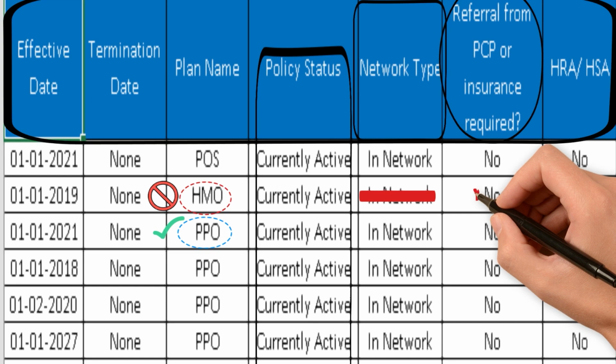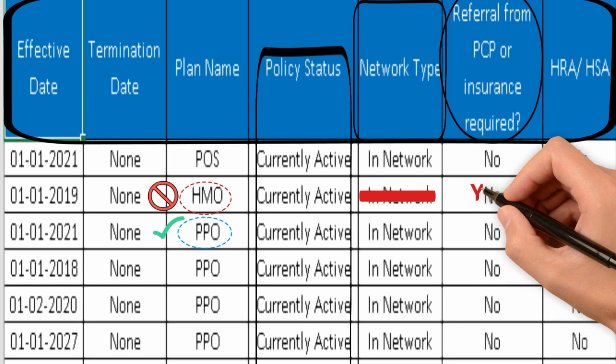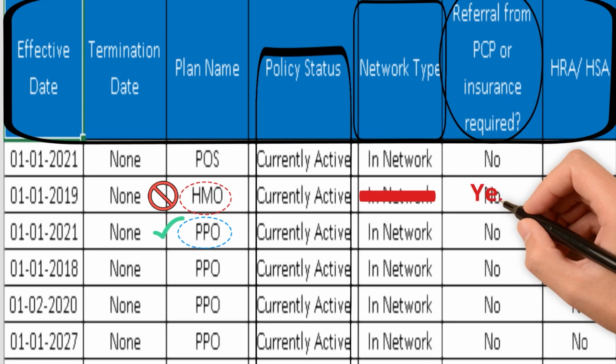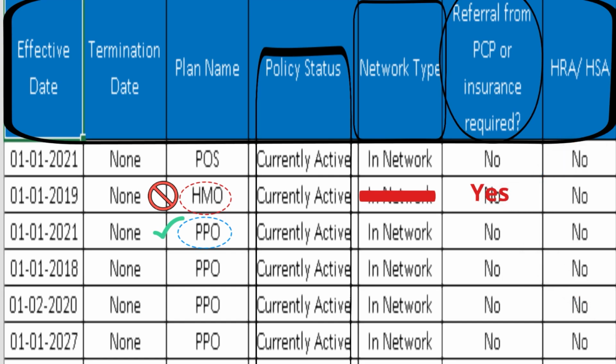Now, this process of forwarding the patient is called referring. And during this process, the PCP office will generate a referral number which is needed by the specialist office for their claim to get processed and paid. So as you can see here, if a patient has an HMO plan, then it requires referral from the PCP.